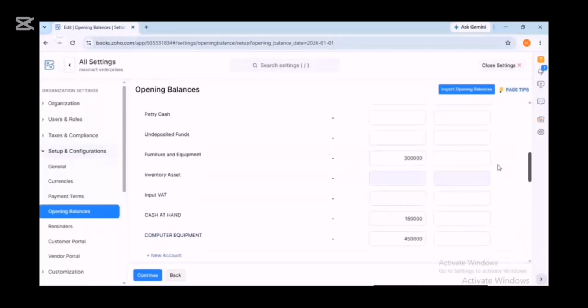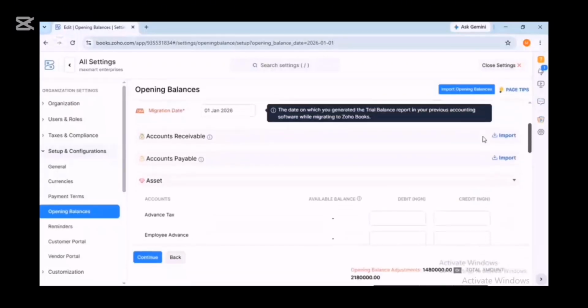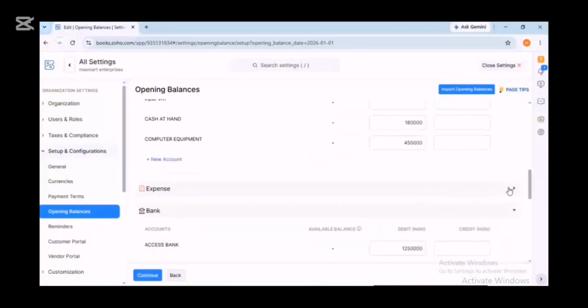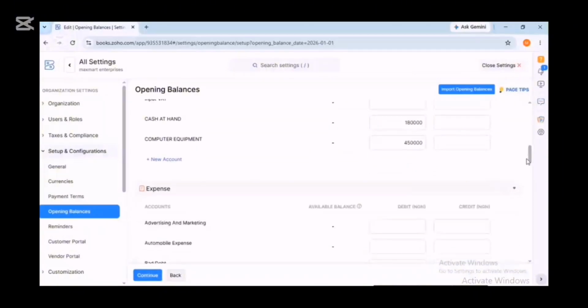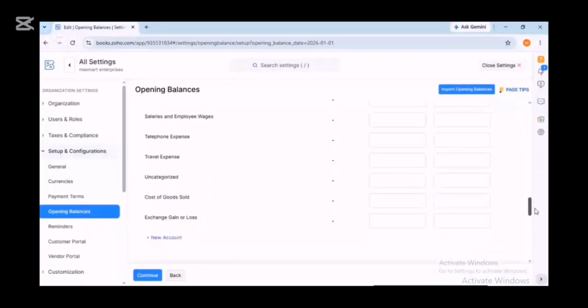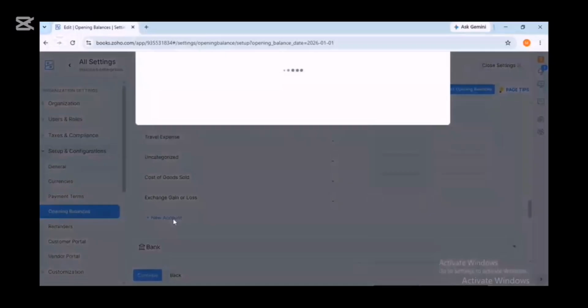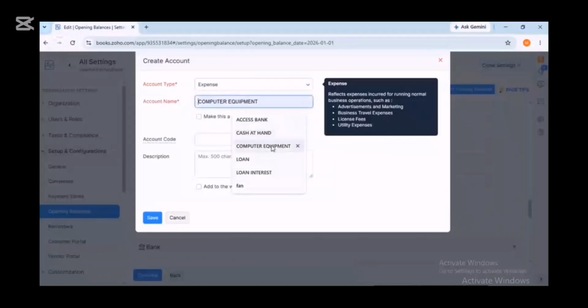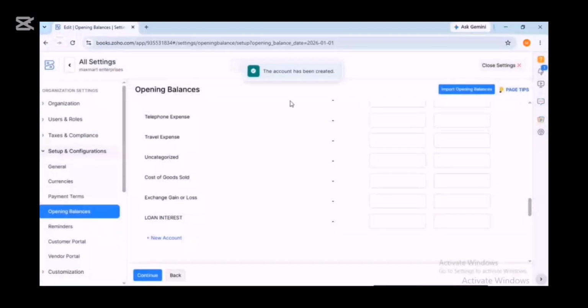So let's go to, okay, right here is the expenses. Let's select new account, because I don't think there's a loan interest account here. Definitely it is an expense. So let's input the name of the account, loan interest. So let's save the chart. So now let's enter the amount 12,000.